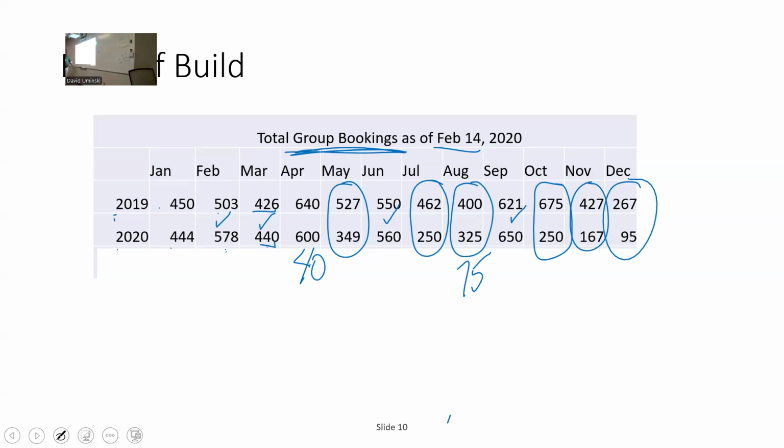Okay, so October, we're short by 425 rooms. What about November? 260? December's pretty low. Okay.